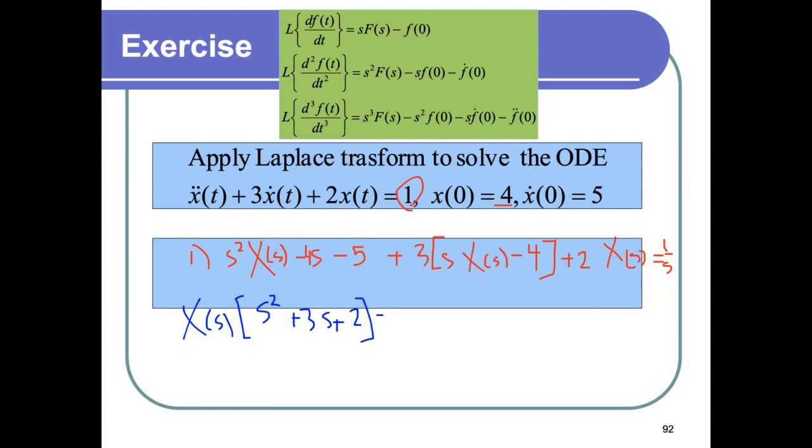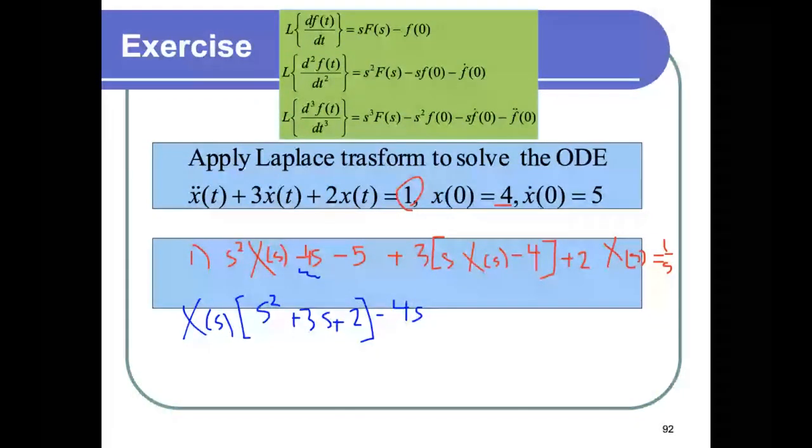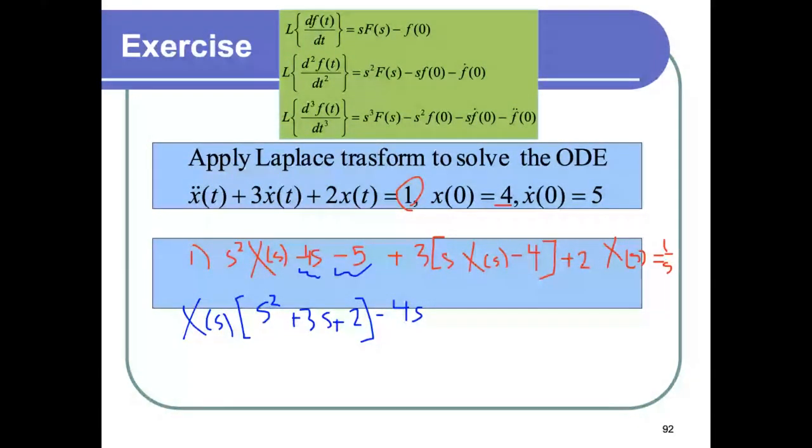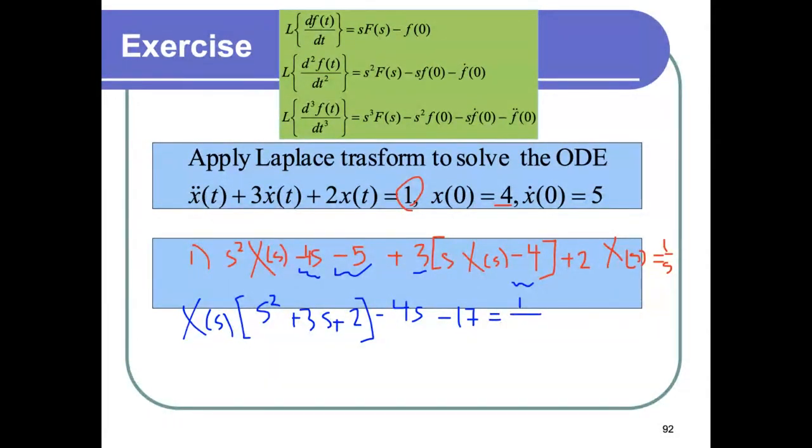Then we have minus 4s, this is the only part. Then we have minus 5, minus 12, minus 2, minus 17. This is all equal to 1 over s. Correct?